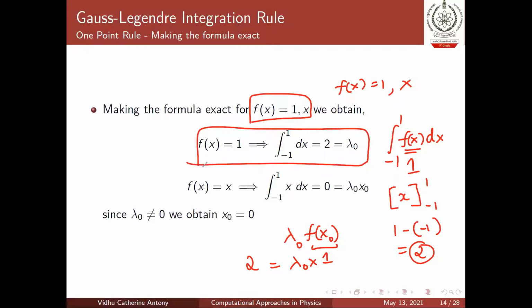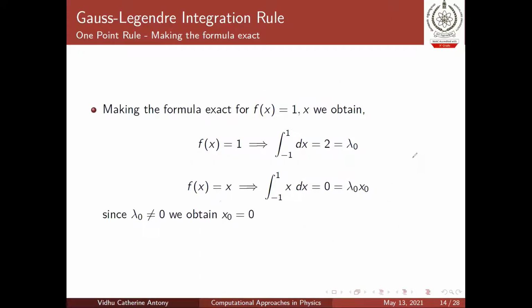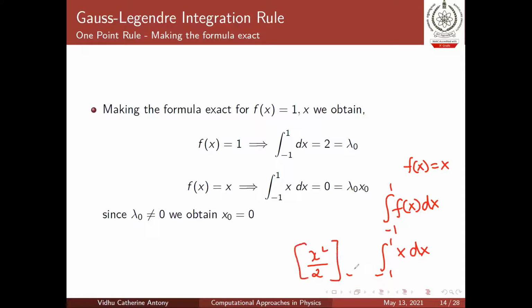Now let's do the second part. Say f of x is equal to x. You need to evaluate the integral from -1 to 1 of x dx. When you integrate that, you get x squared divided by 2, evaluated from -1 to 1.